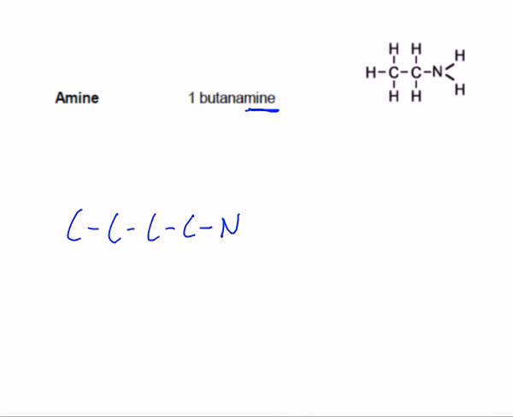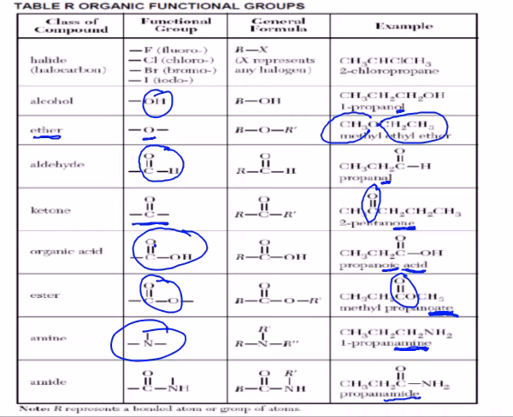So how many things will be hanging off when you take a look at your reference packet for the amine? Oh, I'm sorry, I was looking at the amide. My apologies. Take a look here, guys, with the amine. How many R's do you have there? 3, right? So you could have up to 3 different chains coming off of it.